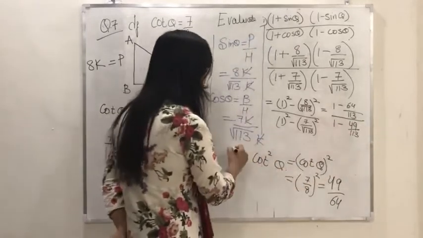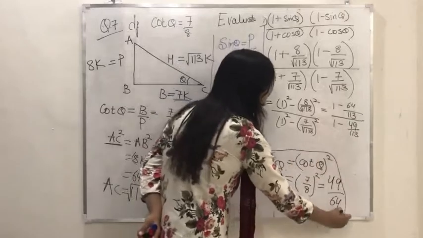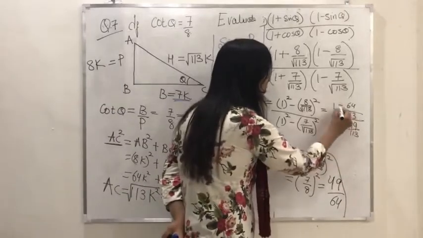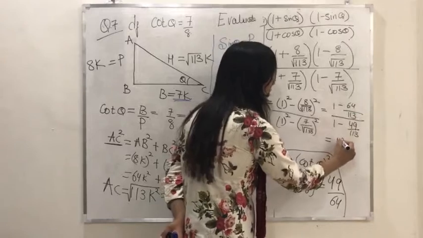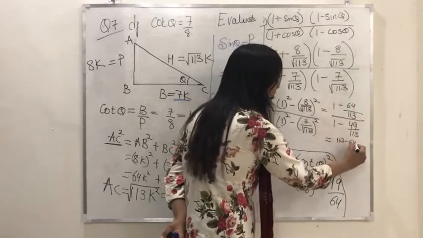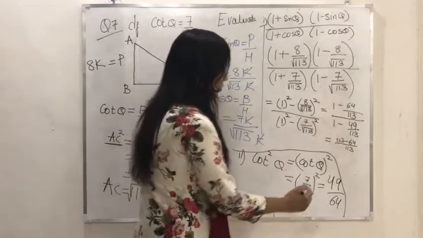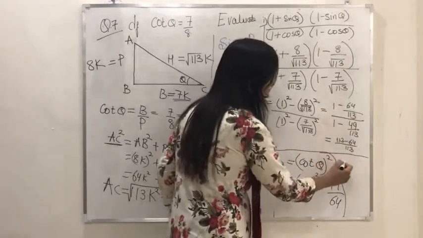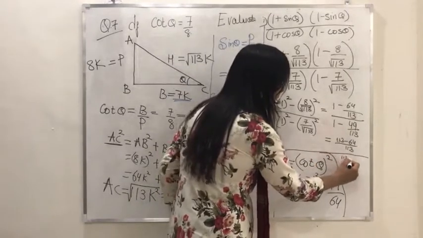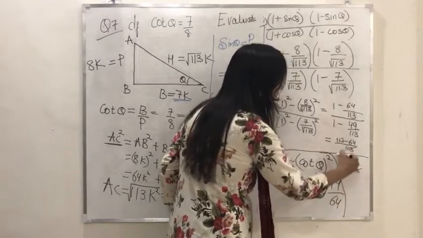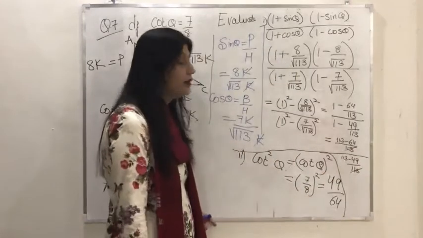So now I will take the LCM. 113 minus 64 upon 113 upon 113 minus 49 upon 113. So 113 will cancel out with 113.